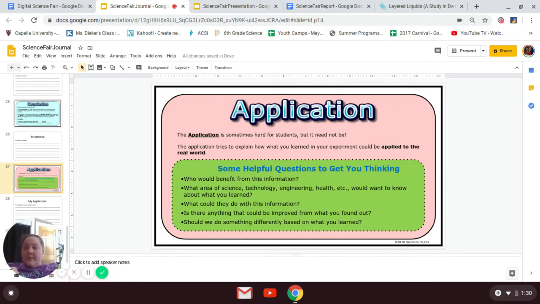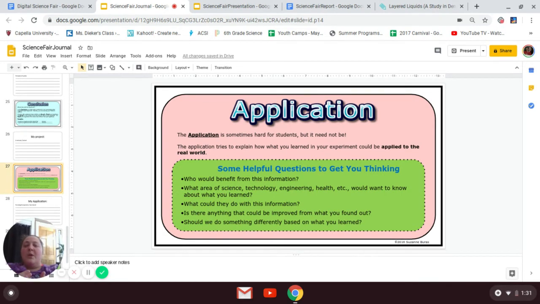The slide itself says, is there anyone who would benefit from this information? Who would want to know what you've learned? What could they do with this? Is there anything that can be improved from what you found out? Should we do something differently based on what you learned? All right, so you can also add to that, if I was going to do this project again. I like to start with that personally.